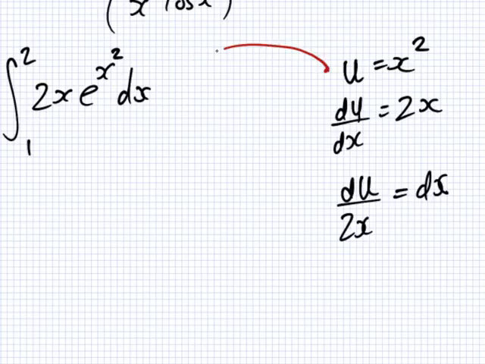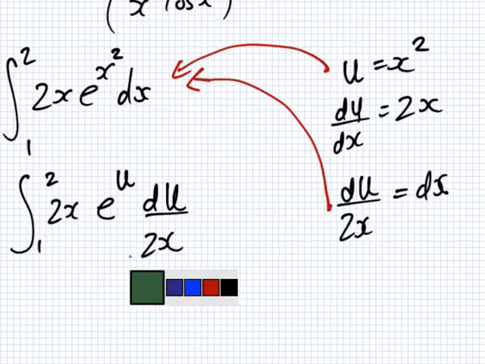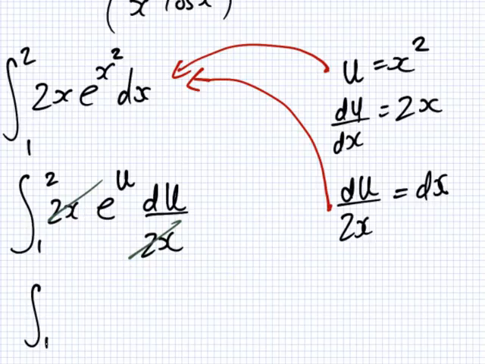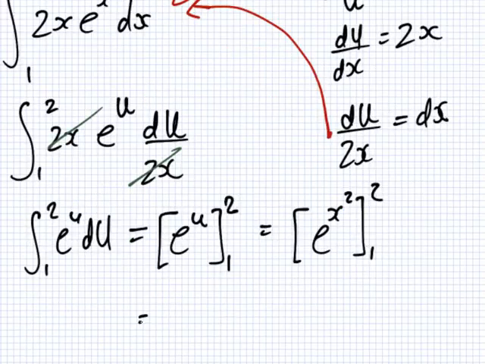I can take this and put it in. So I get the integral from 1 to 2 of 2x e^u du over 2x. That's great because they cancel and I'm left with the integral from 1 to 2 of e^u du, which is e^u from 1 to 2, which is e^(x squared) from 1 to 2. That would be e^4 minus e^1.